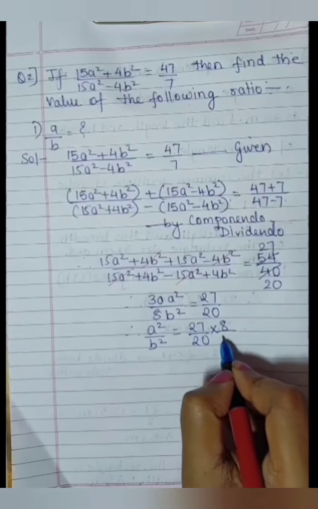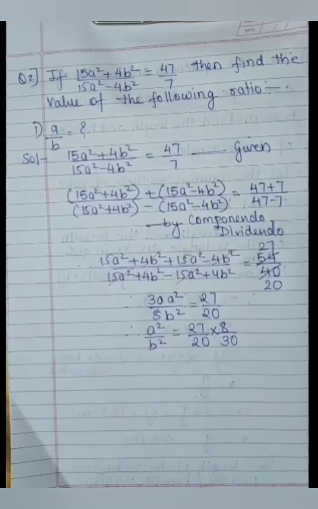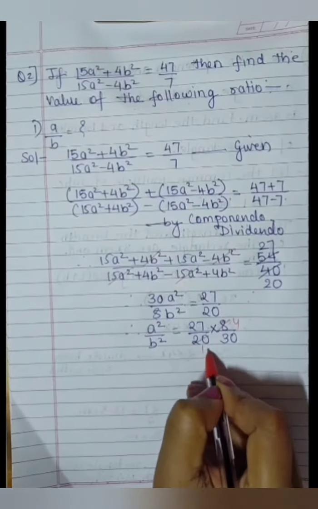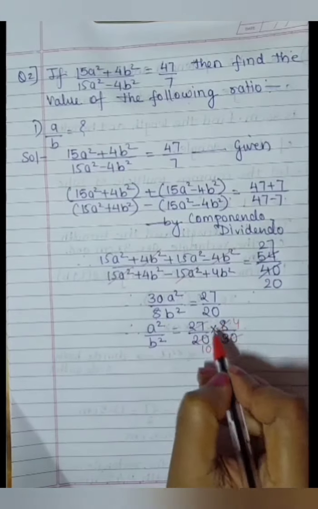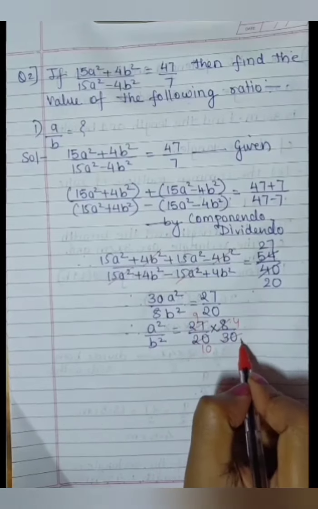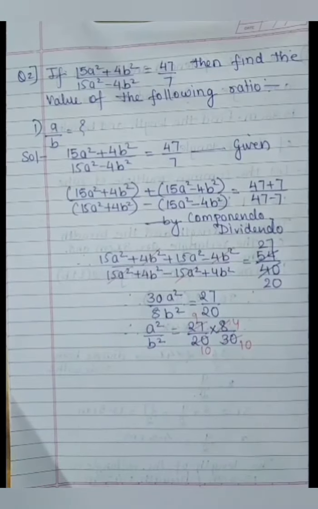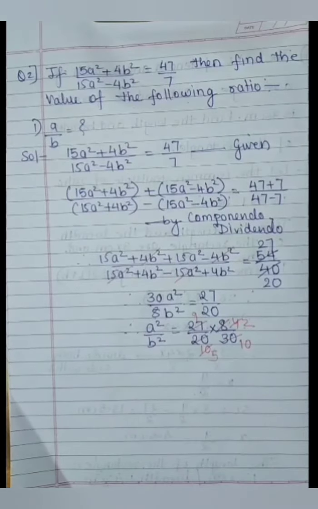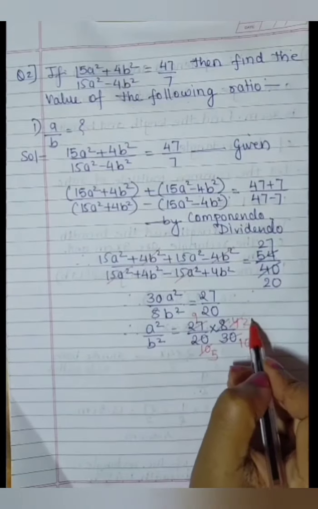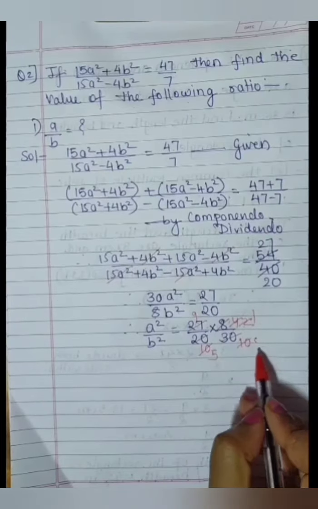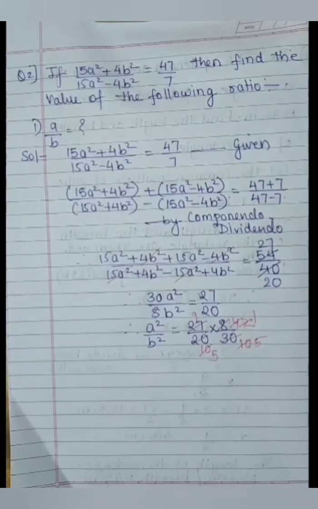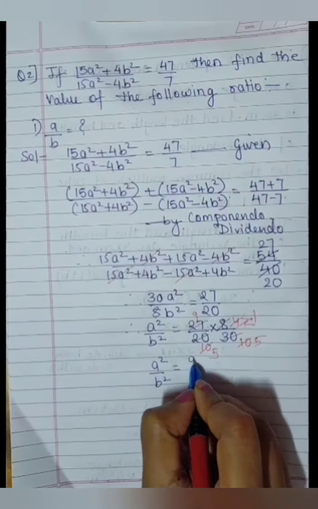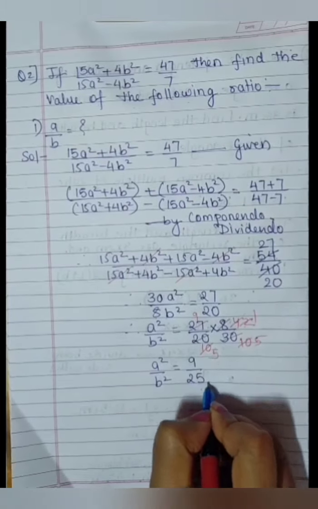So 8 upon 30, then 27 upon 20 simplifies, and we'll get a square upon b square is equal to 9 upon 25.